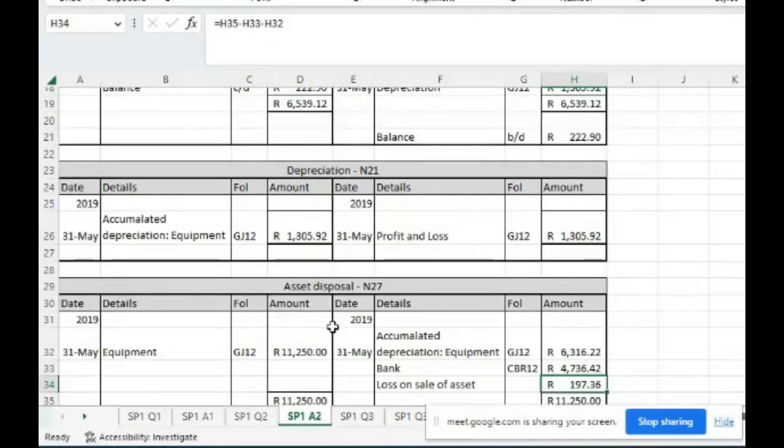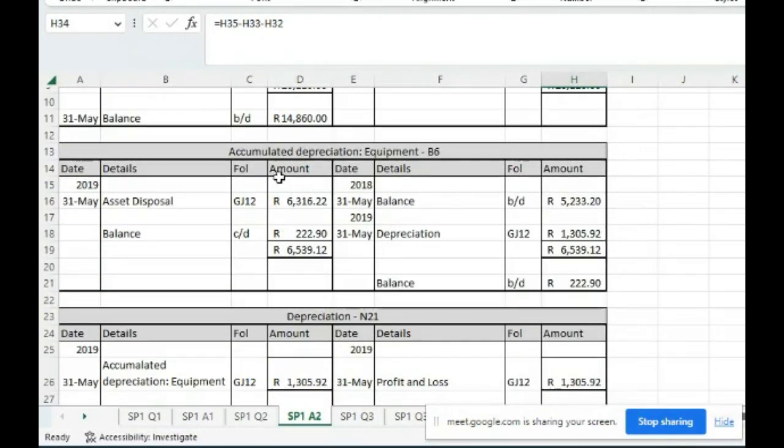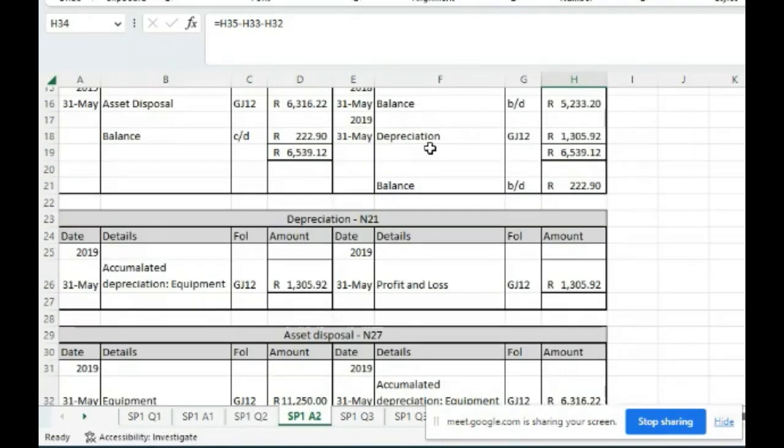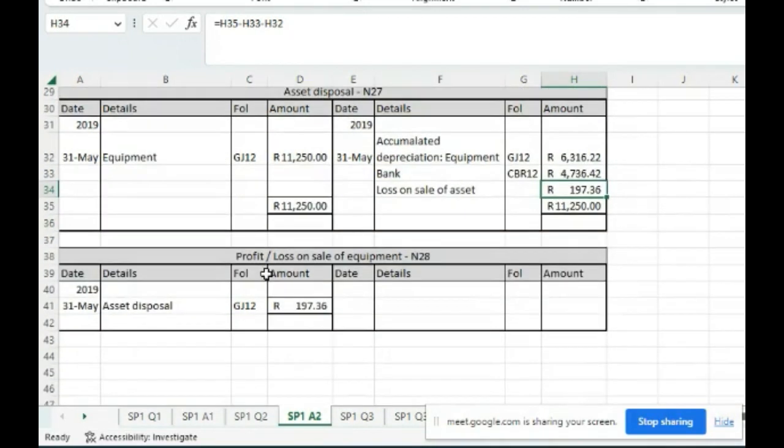So really, the bottom line is if we do equipment correct and we do accumulated depreciation correct, and we then just do the contra entries for those, then we will end up with our depreciation and our asset disposal accounts being correct. And then the last thing we just do is indicate this profit and loss on the sale of equipment here.